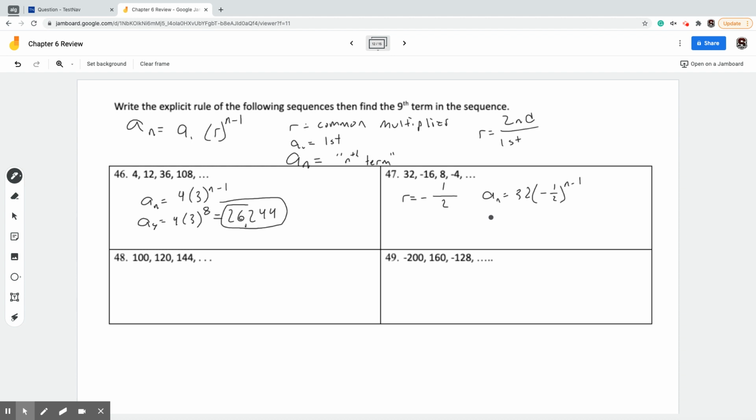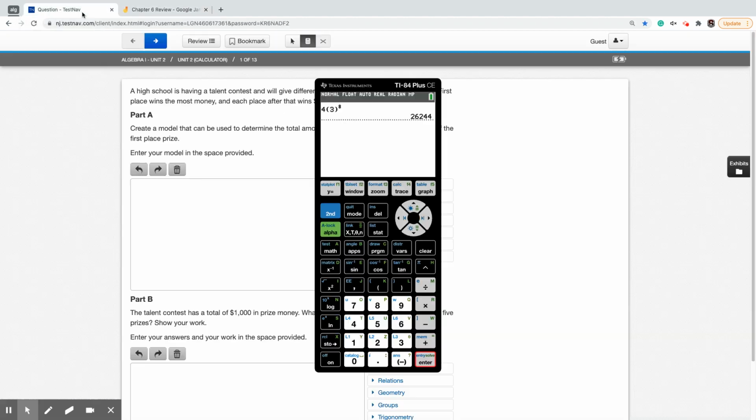And then I need to find my 9th. So a sub 9 is equal to 32 times negative 1/2 to the 8. So I'm going to go in here, 32, negative half, 8. Make sure you use your negative next to the decimal.